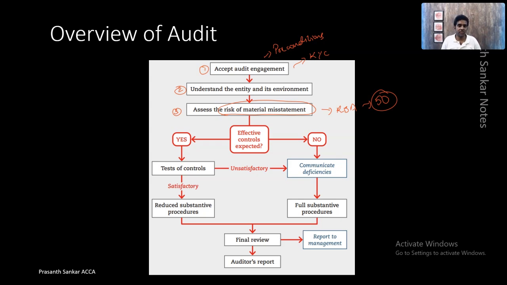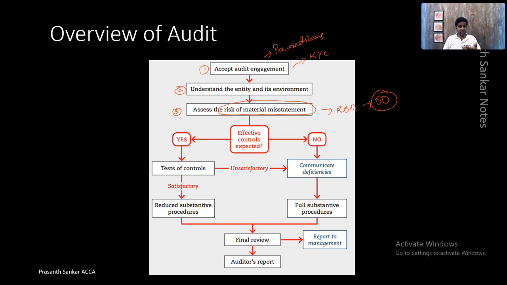So there are various risks which we will learn in a summarized way, but the auditor is behind the risk. Once he identifies the risk and proves that there is no misstatement, his objective is complete.